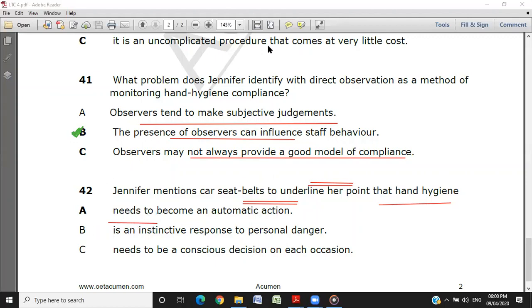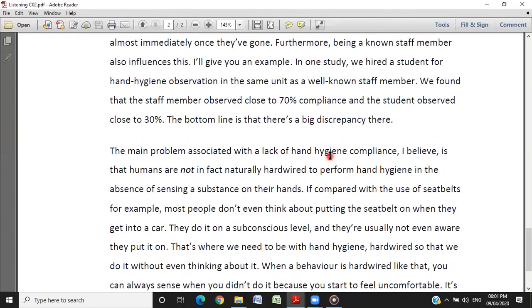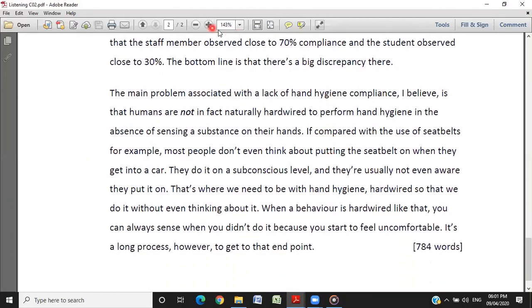Okay, and for question number 42, yeah, so 42 is A. It has to become an automatic action, right? There were two keywords that helped you. In fact, there were many, but two phrases in particular can help you quickly pick up the answer. One is when she said that we are not hardwired.